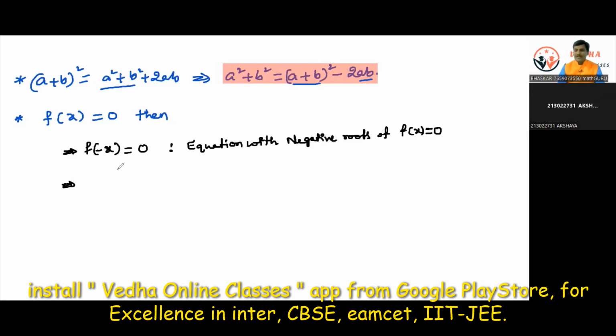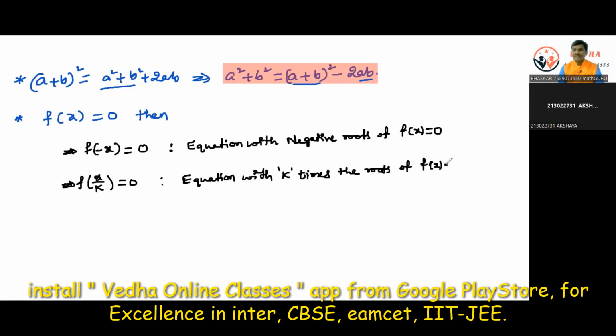And f of x by k represents the equation with k times the roots of the given f of x is equal to 0.